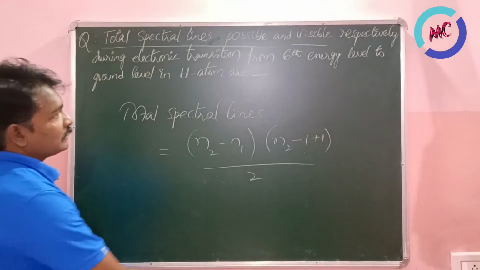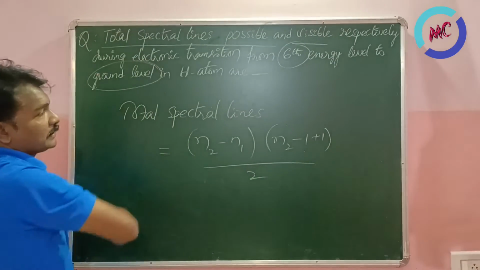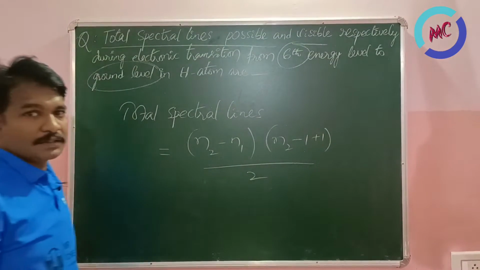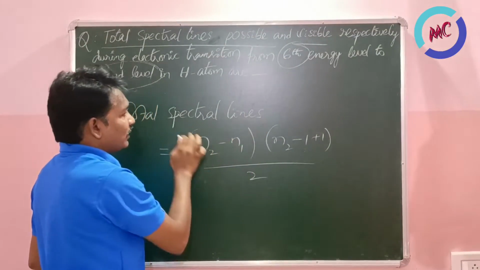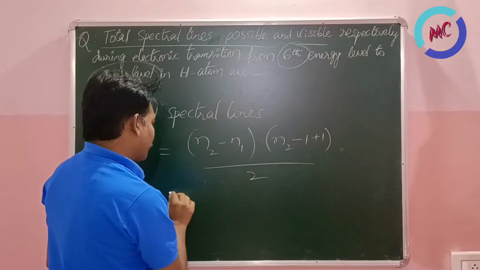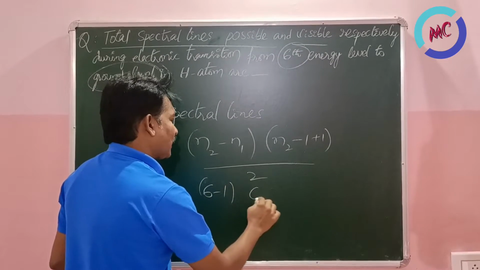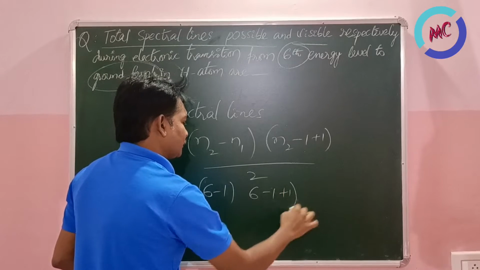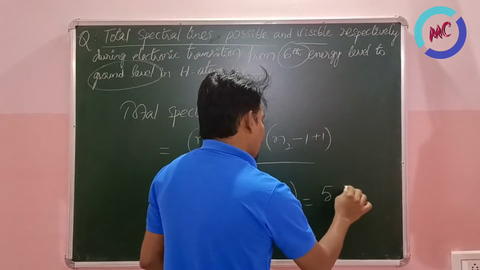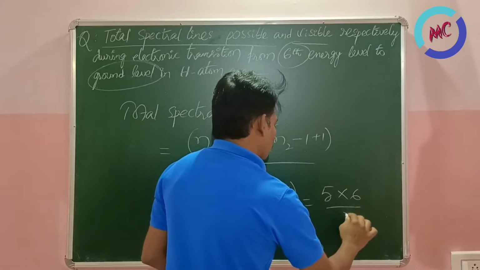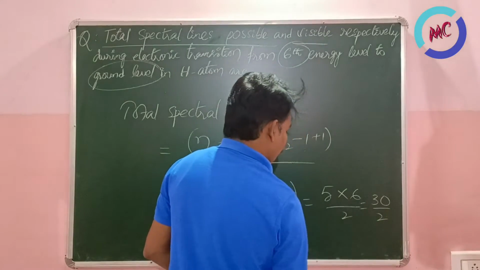See here, 6th energy level to ground level. In the sense, 6th energy level is N2 and ground level is N1. Therefore it is equal to (6 minus 1)(6 minus 1 plus 1) by 2, that is equal to 5 into 6 by 2, 5 sixes are 30 by 2.